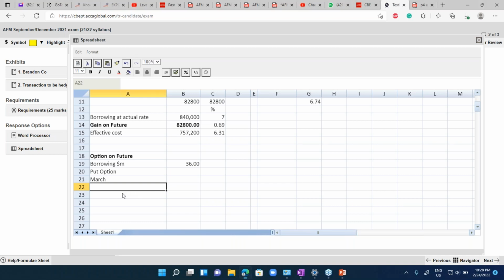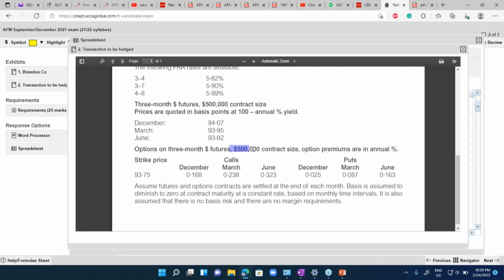You can write it as 6.25. Now, number of contracts: 36 million divided by 0.5 million into 4 divided by duration of option, 96 contracts. Just check the contract size is same. Yes, the contract size is same.